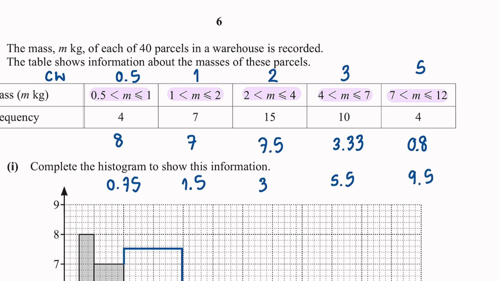Therefore, multiply this value to its frequency. So 4 multiplied by 0.75, and then after you multiply every one of them, multiply this to this, and this to this, and this to this, and this to this, then you will have to add them together.